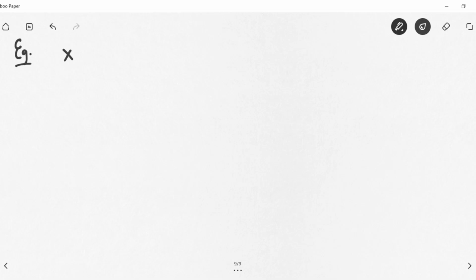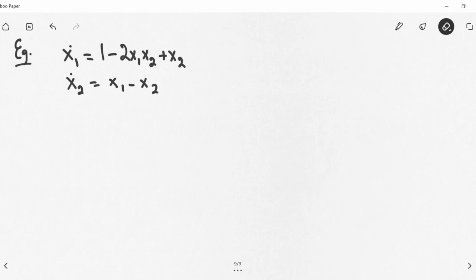You have a system whose state space model is given by x1 dot equal to... So let us see first of all whether this has multiple equilibrium points or not.